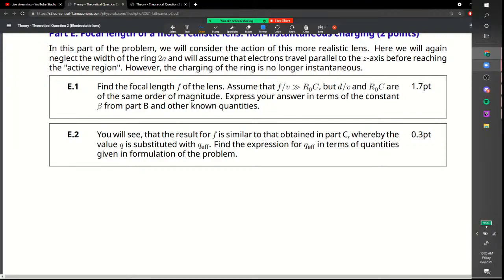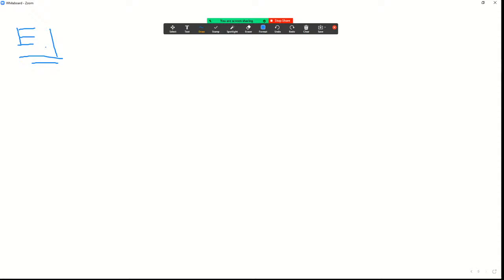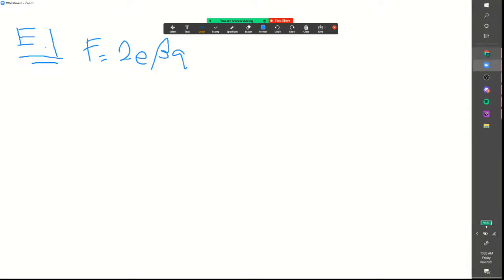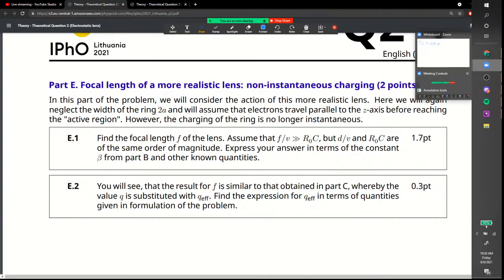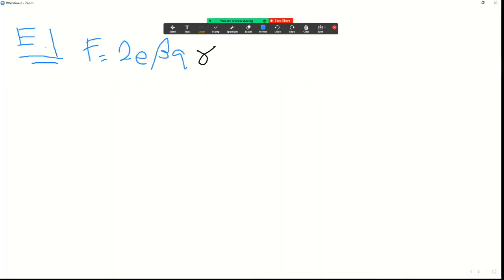So I guess, first of all, the force that we got from yesterday was like 2e beta q. And then for this case, q is going to depend on time. Yes, Q is depending on time.